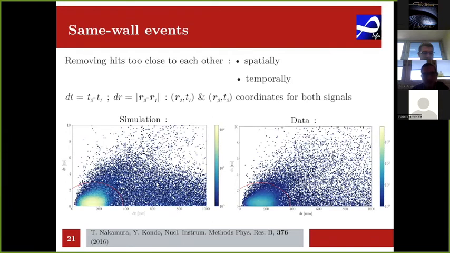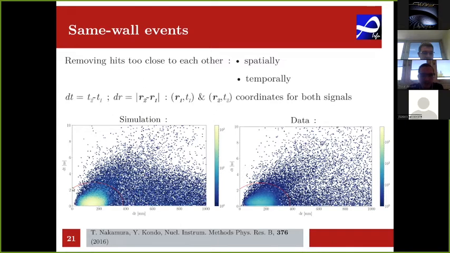How do we make sure that they are two-neutron events and not one-neutron events? So here, what we do is that we remove the hits that are too close to each other in space and in time. So this plot is dt, which is the time difference between the two hits, versus dr, which is the space difference between the two hits.